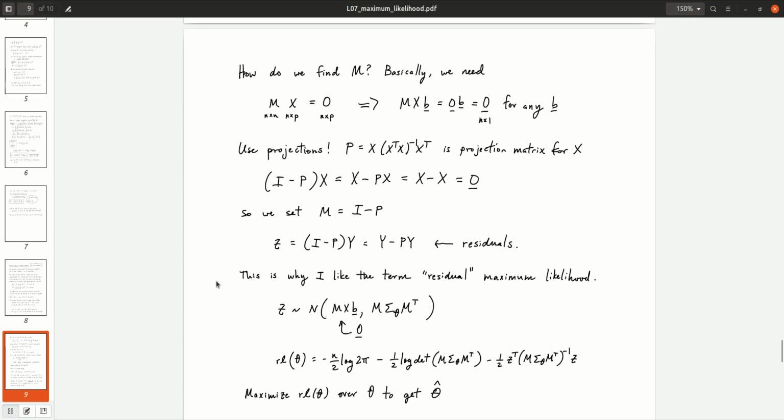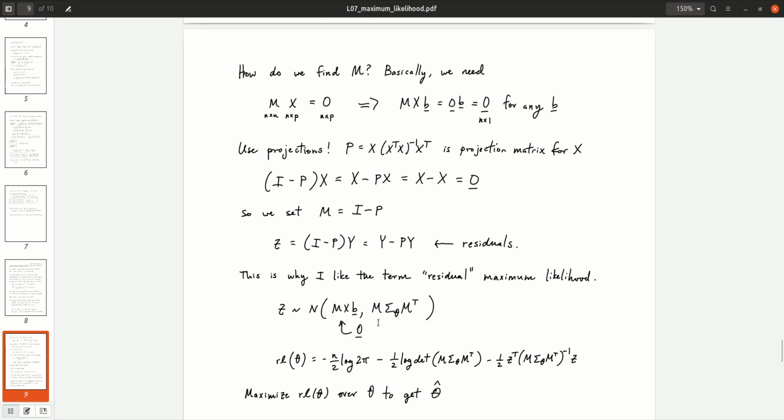So then the procedure is we use the likelihood for Z to estimate parameters. So the likelihood for Z is a linear transformation of a multivariate normal vector Y, so it's also multivariate normal. Its expected value is mxb, which is 0 by construction, if we pick m to be I minus p.